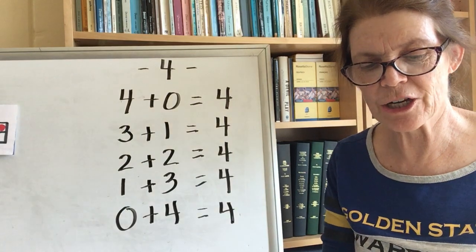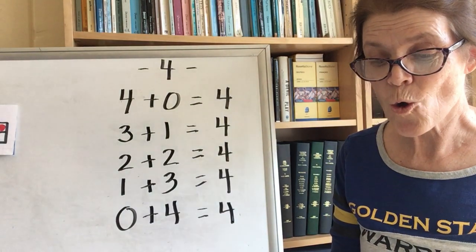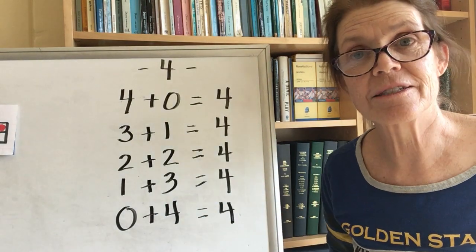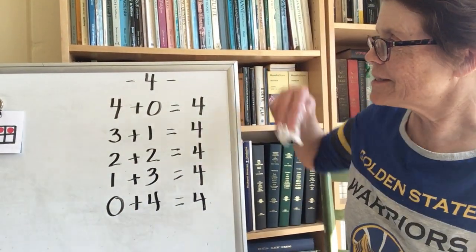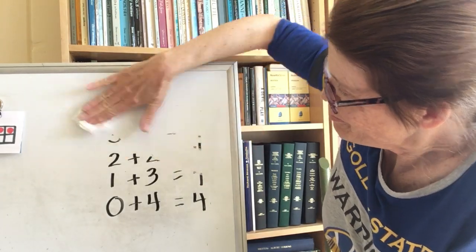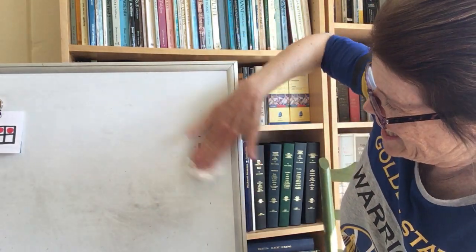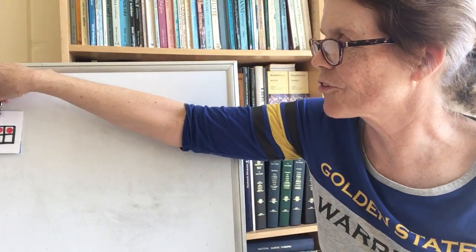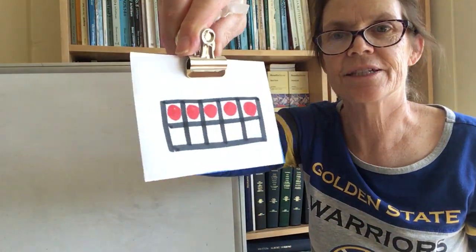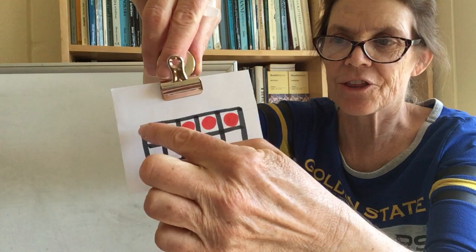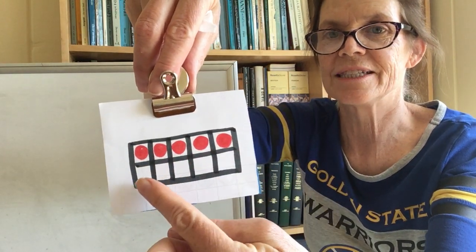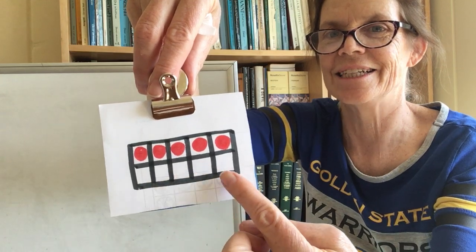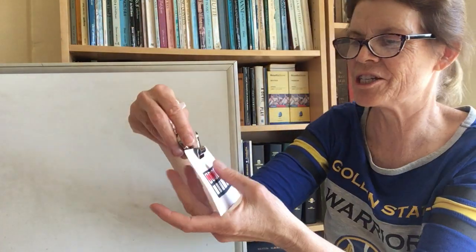And today we are going to discover all the ways to make 5 with two numbers. So I need to erase this. In the class, we've worked with something called 10 frames. It's a frame with 1, 2, 3, 4, 5, 6, 7, 8, 9, 10 windows.